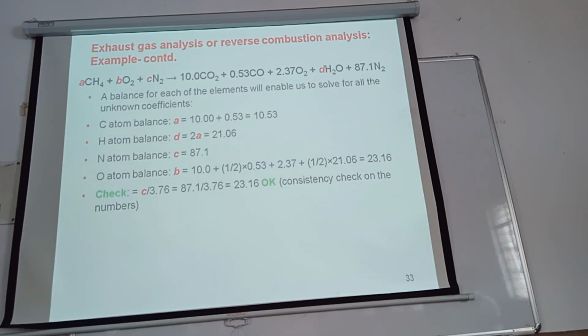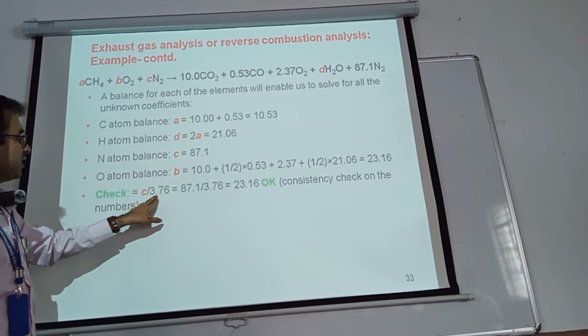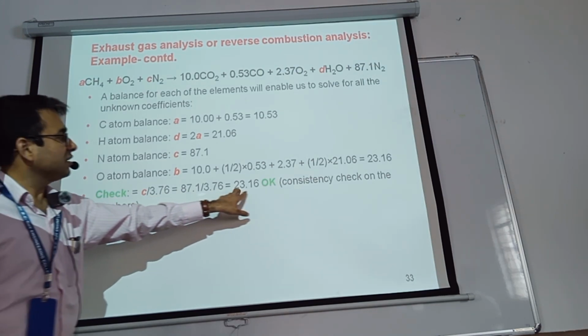Is it clear? Because this is atmospheric air, I have just given it two unknowns, but actually there is one unknown. So you can check whether C by B is equal to 3.76.